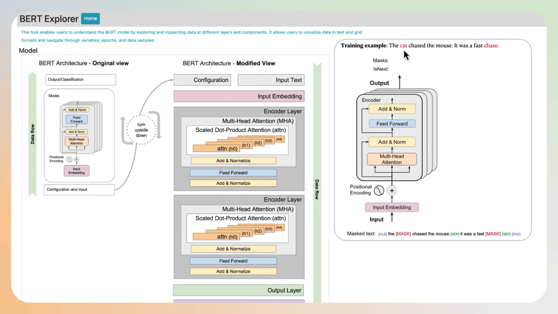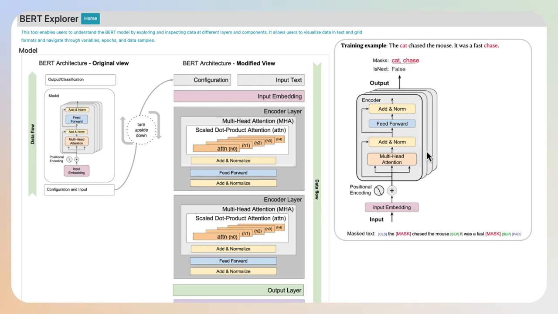Here is one of the sentence pairs to train the model. The cat chased the mouse. It was a fast chase. This input text is first masked by replacing the words cat and chase with a special token, mask, as shown here. This masked input is then fed into the BERT model and then trained using multiple encoder layers and running multiple iterations or epochs.